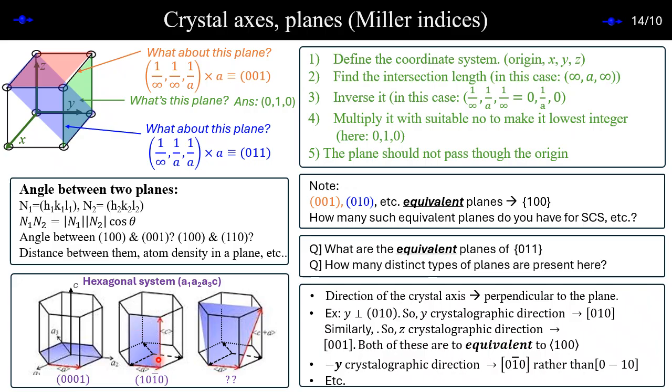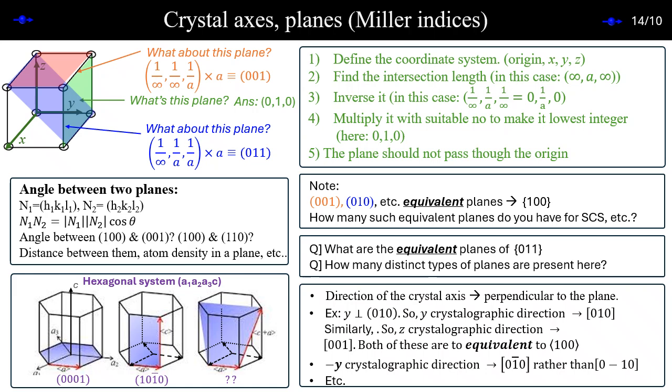If I take it here, then it is intersecting here, minus A. And along C, the Z-axis, no intersection, right? So you can do the same. This is not the only plane you have. Take different cases.